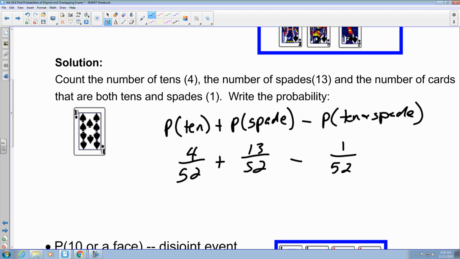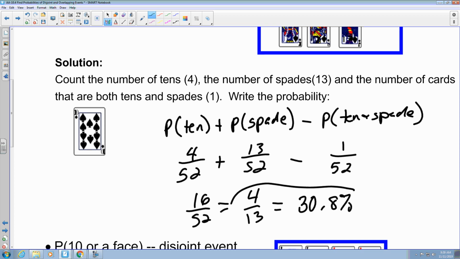You add those up, 4 plus 13 plus negative 1, you get 16, so it becomes 16 out of 52. Put that into lowest terms, it's equal to 4 out of 13, and it's roughly a 30.8% probability of that occurring.